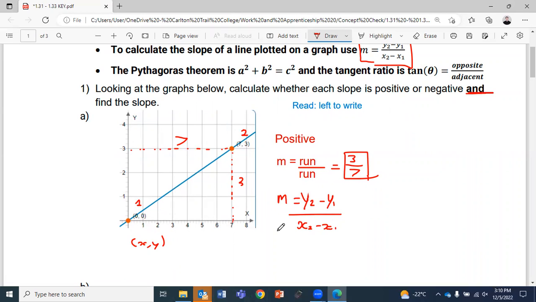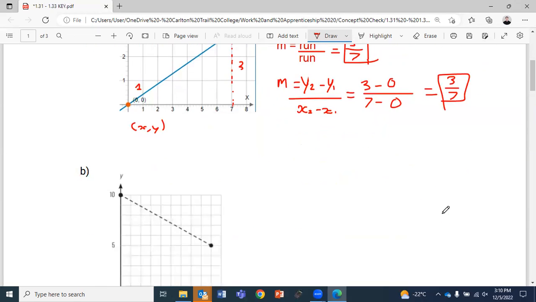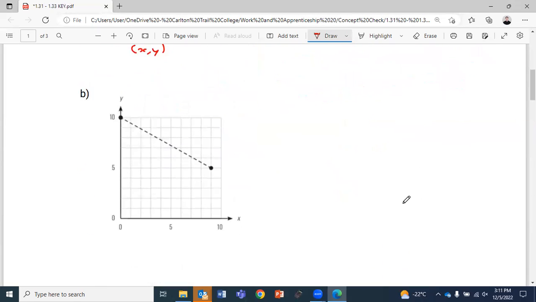Now all I need to do is substitute. y2, the second point's y, is 3. y1, the first point's y, is 0. x2 is the x of the second point, so it's 7. And then the other one is 0. Which ends up giving me just 3 over 7. Either way works.